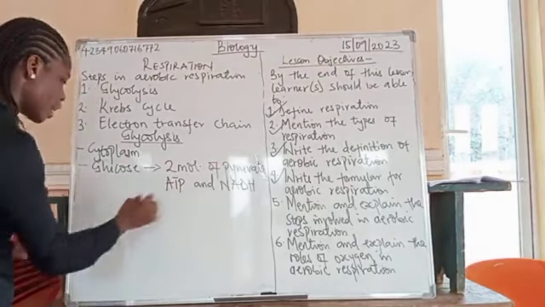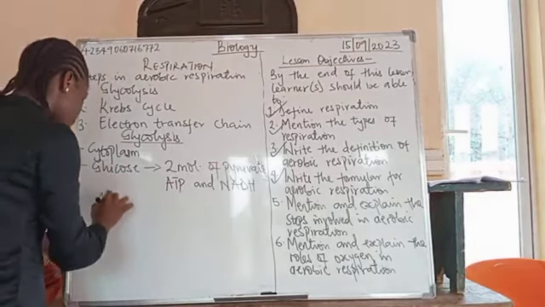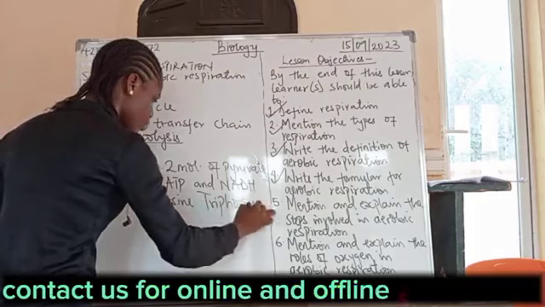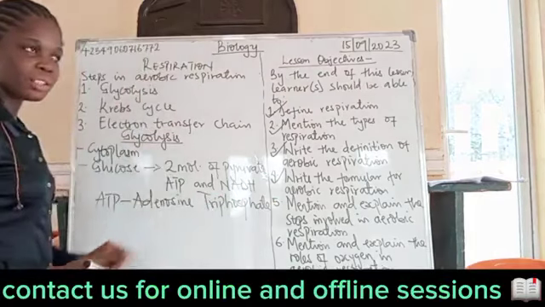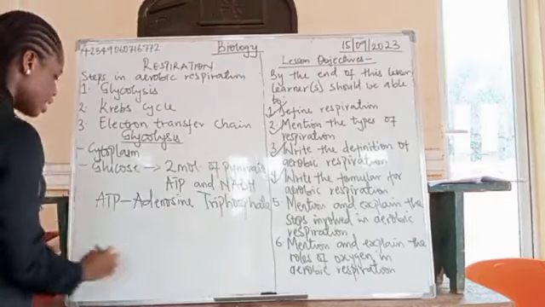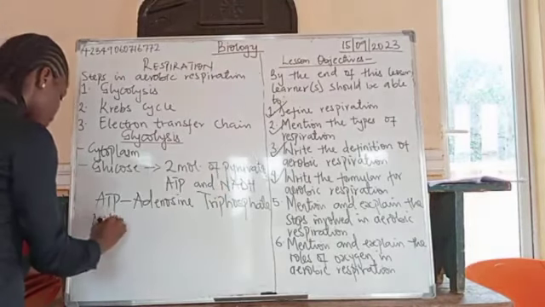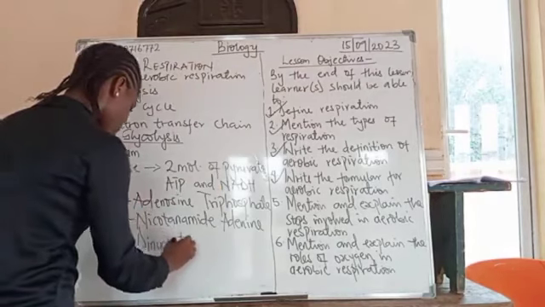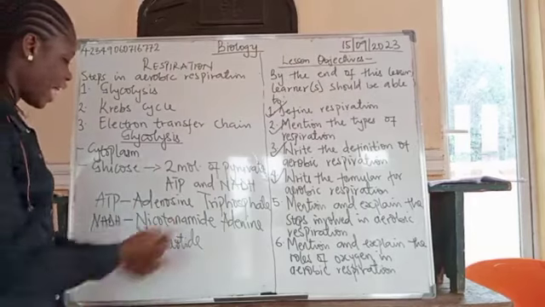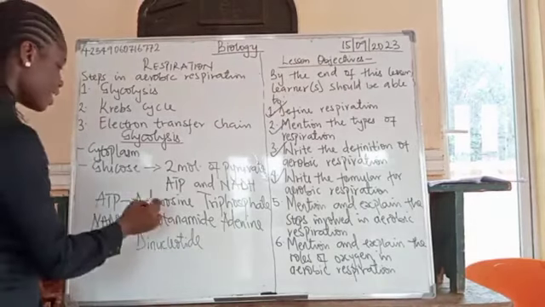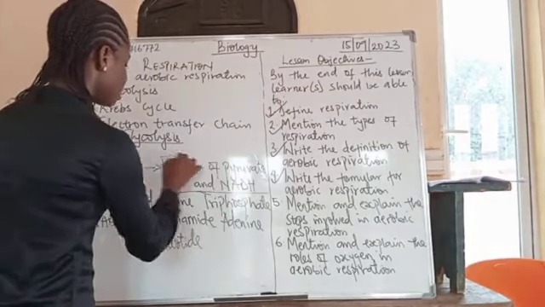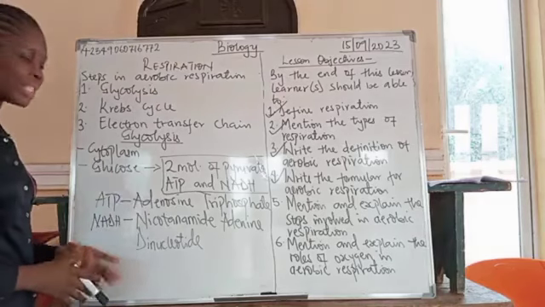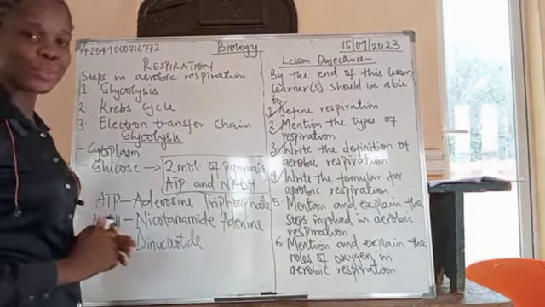Now, this ATP stands for adenosine triphosphate. Whereas the NADH, nicotinamide adenine dinucleotide. So this is what we arrive at the end of glycolysis, which is the first step of cellular respiration and which takes place in the cytoplasm of cells.